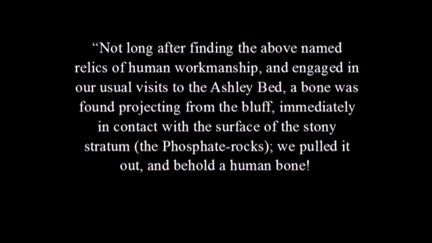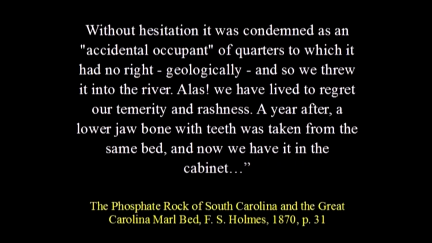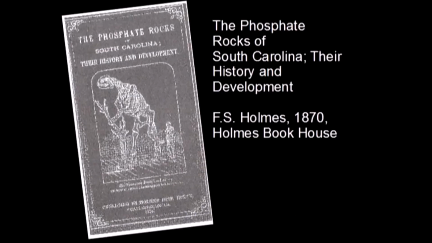We pulled it out, and behold, a human bone. Without hesitation, it was condemned as an accidental occupant of quarters to which it had no right, geologically, and so we threw it into the river. Alas, we have lived to regret our temerity and rashness. A year after, a lower jawbone with teeth was taken from the same bed, and now we have it in the cabinet." In fact, Holmes even portrayed a dinosaur and a human on the cover of his book.